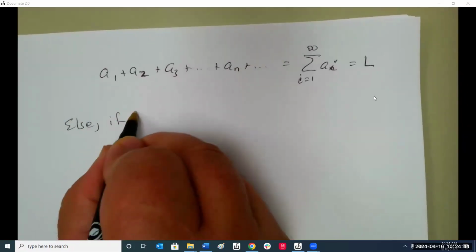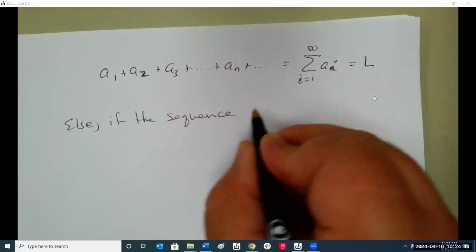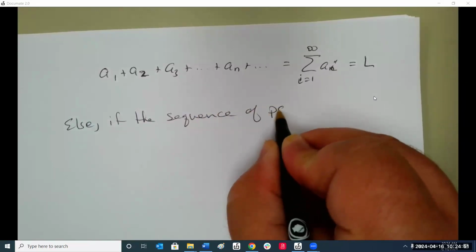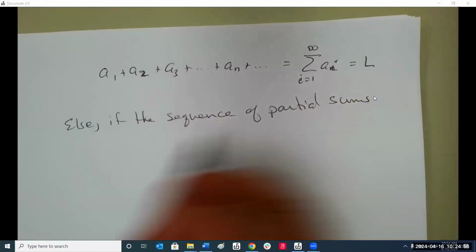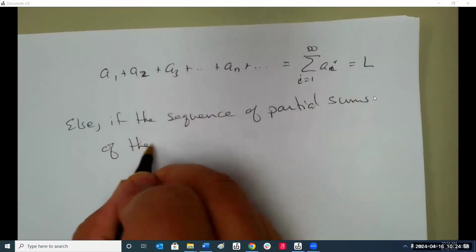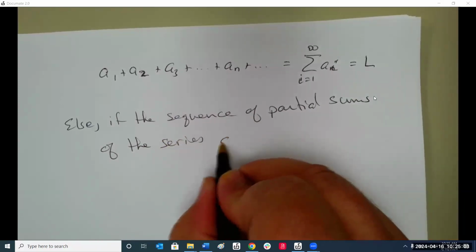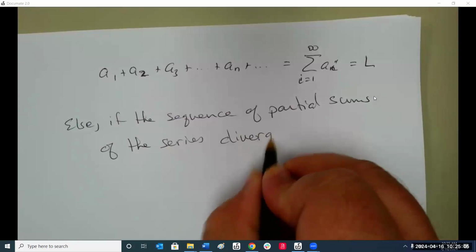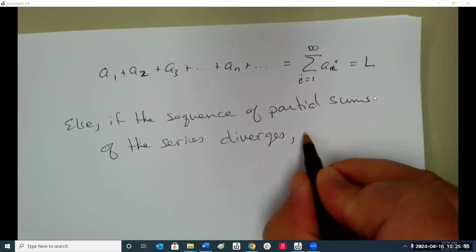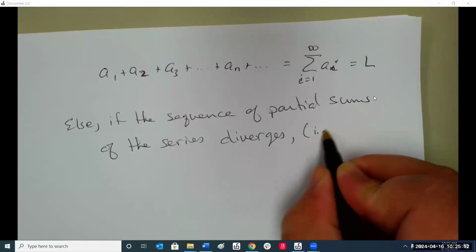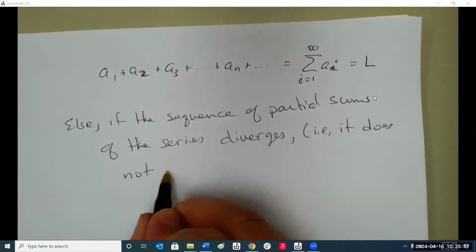Else, if the sequence of partial sums of the series diverges, i.e., it does not converge.